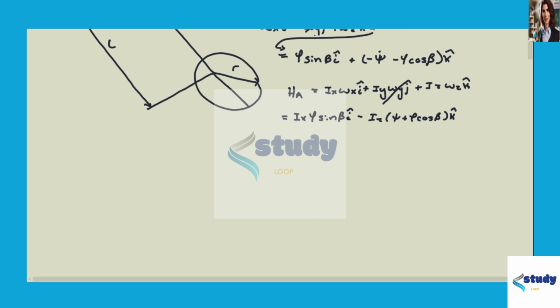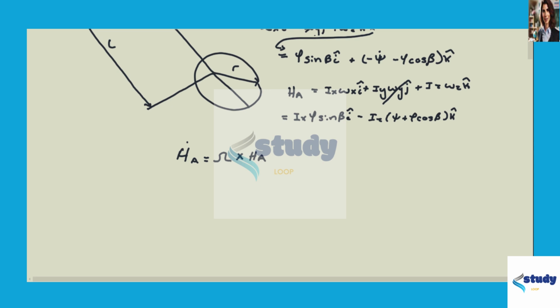And so what we have is your HA dot is going to equal your w cross product of HA.